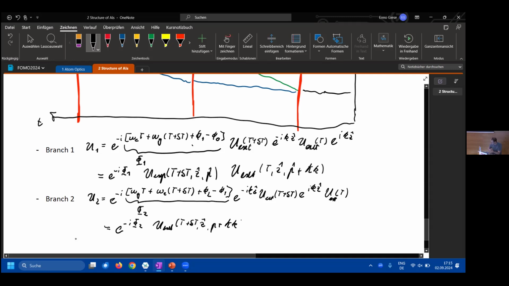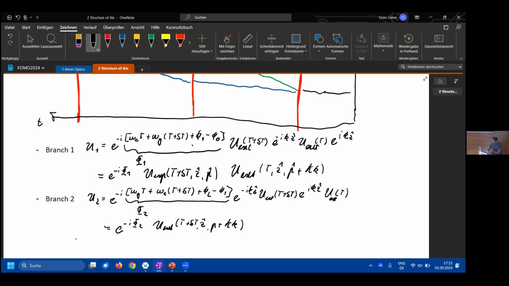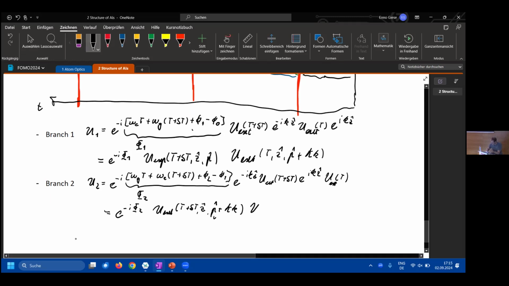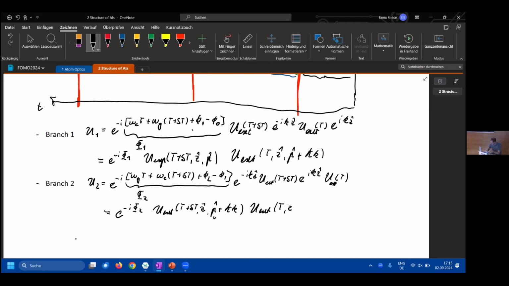So for the second period of our interferometer, the momentum has been increased times u external times t and z and p. And that's what I promised you at the beginning of this lecture.